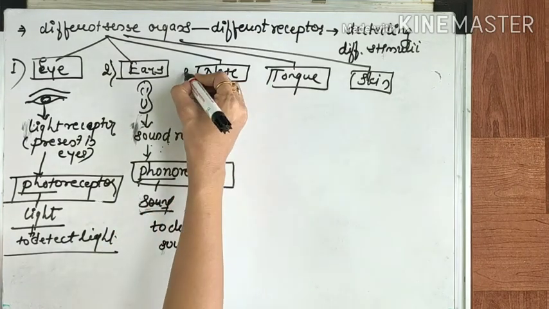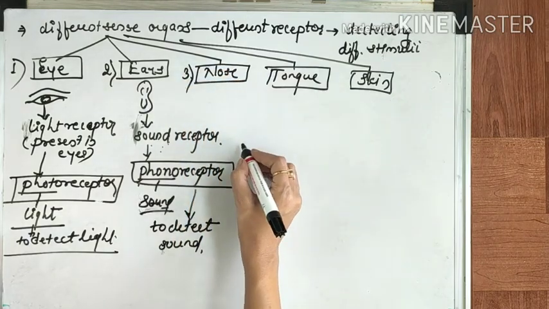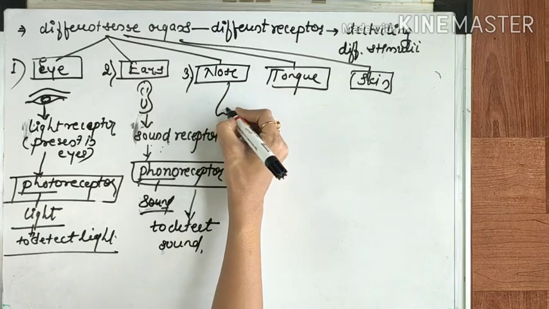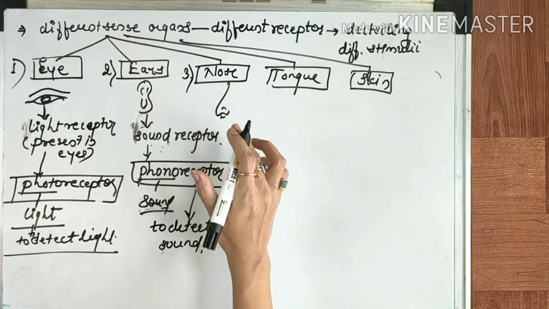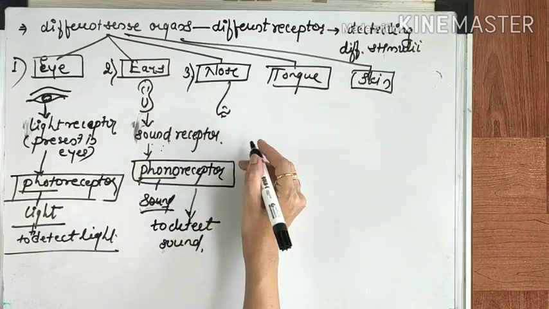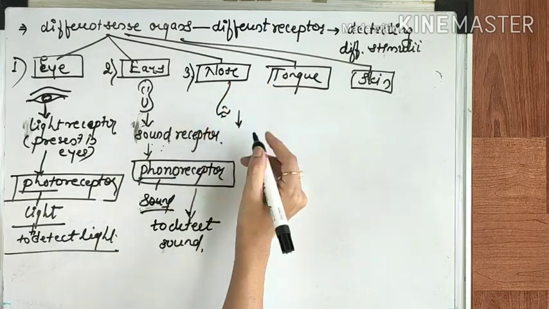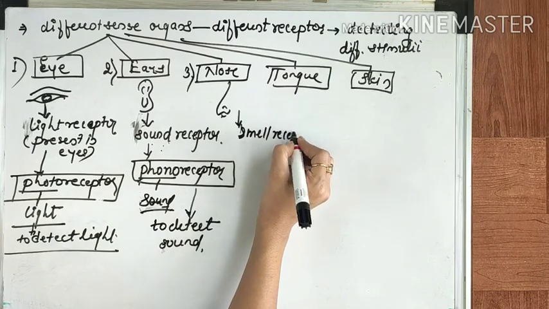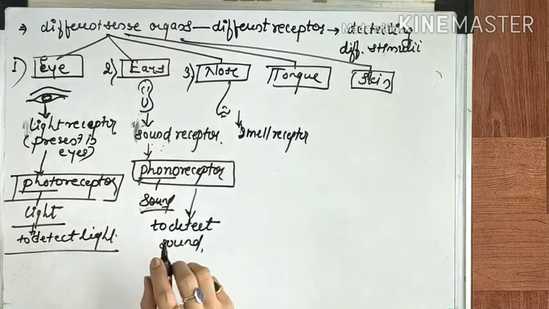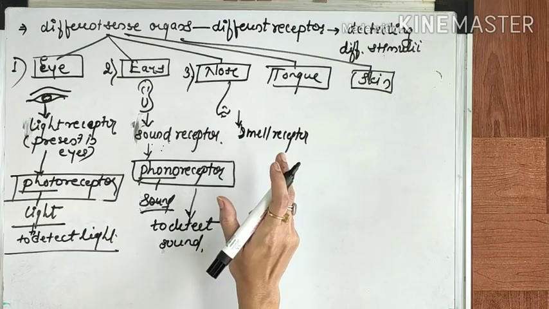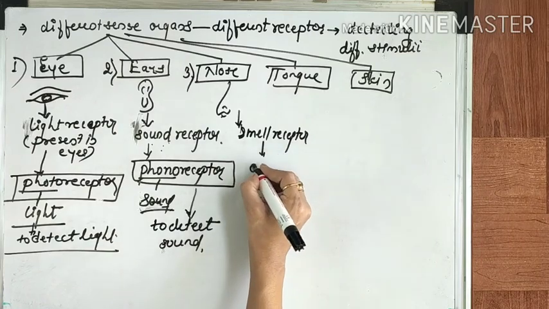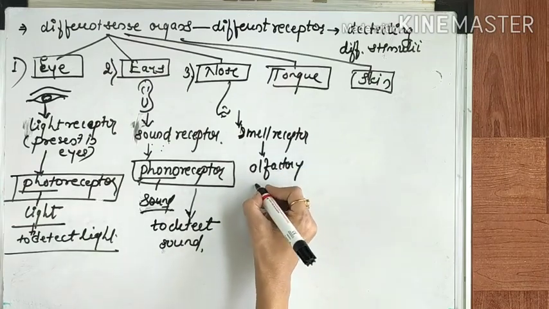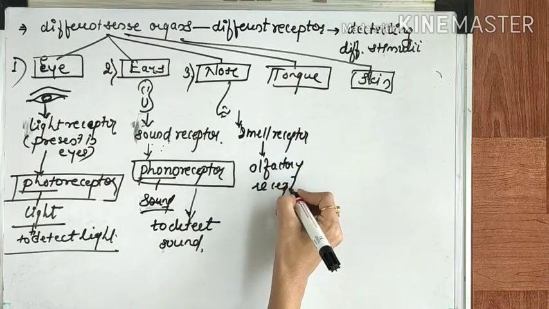Then the third organ is the nose. The nose has a smell receptor, and the smell receptor is known as the olfactory receptor.